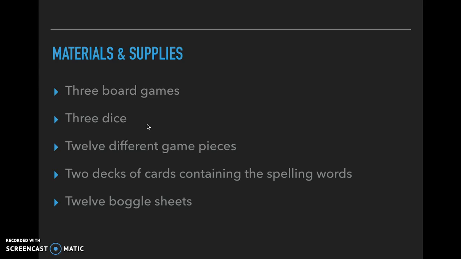The materials and supplies that I would need would be three board games, because in my head I'm picturing having 12 students, so I would have 3 dice for each group, so there would be 3 groups of 4. I would have 12 different game pieces. Each student gets 1.